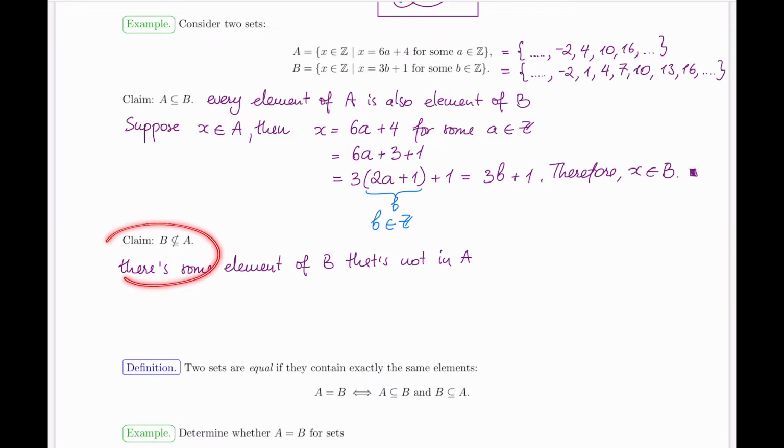Now, the other direction, or the other non-direction, let's say, was that we strongly suspect B is not a subset of A, because we spotted quite a few elements inside of B that do not belong to A. Remember that in order to prove something is not true, all we need is to find an example for which it doesn't hold.